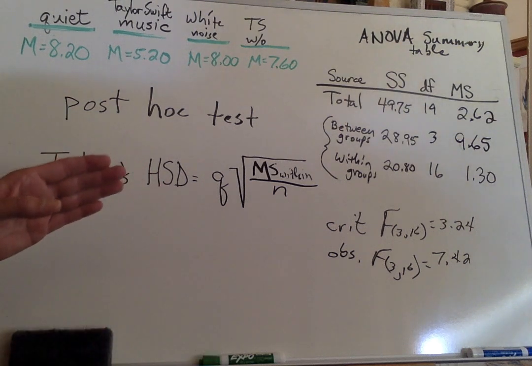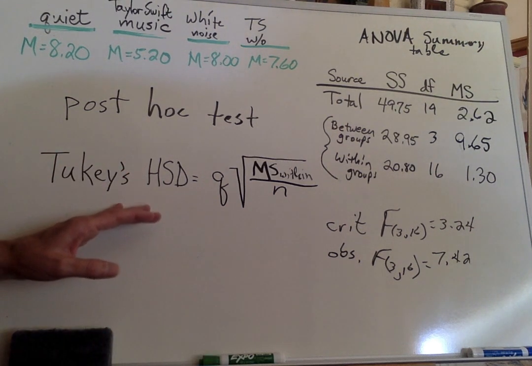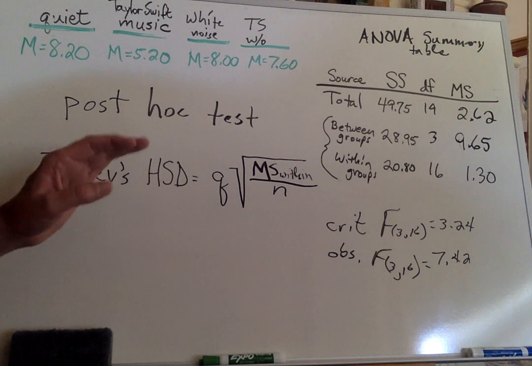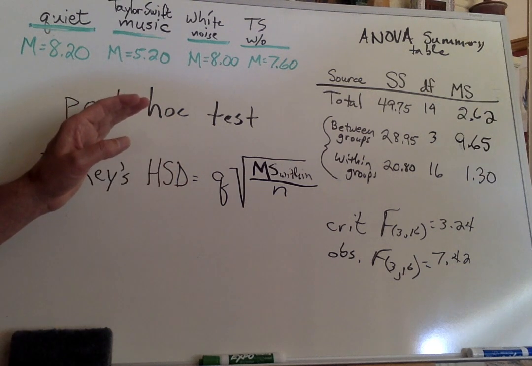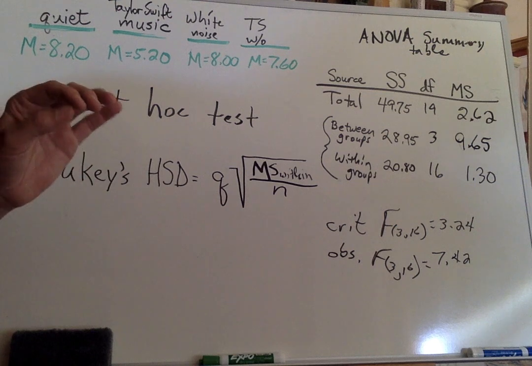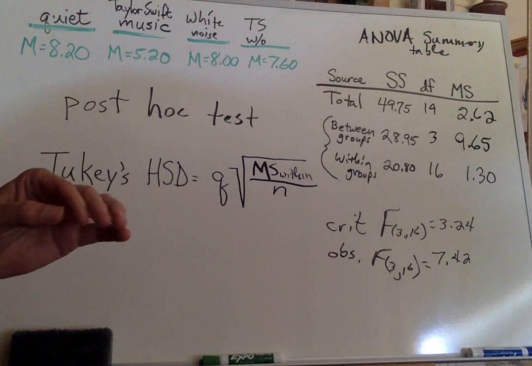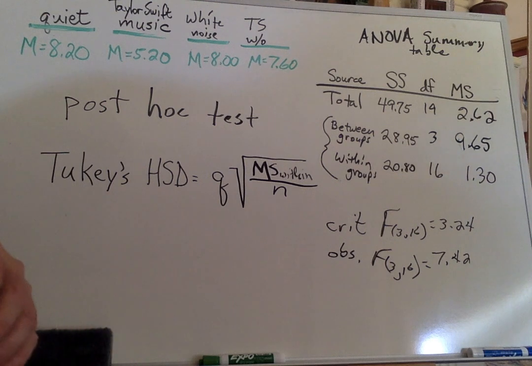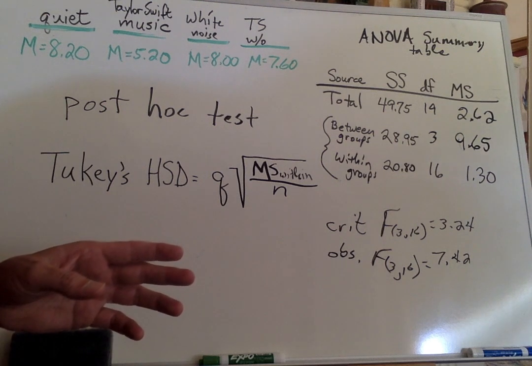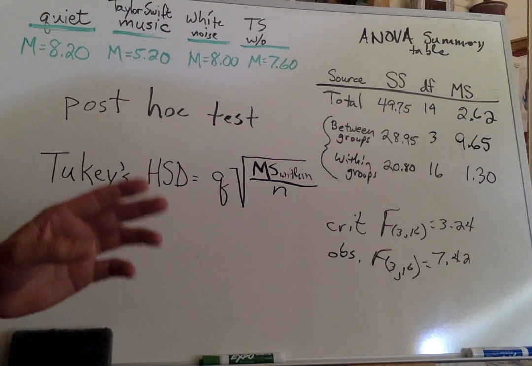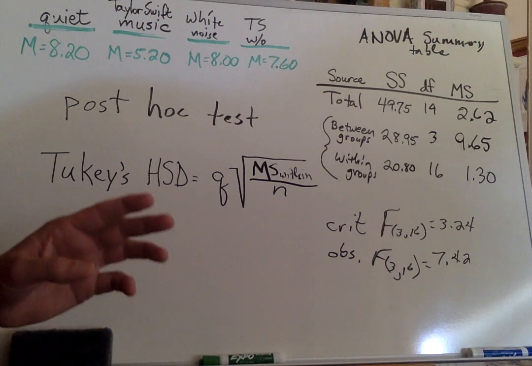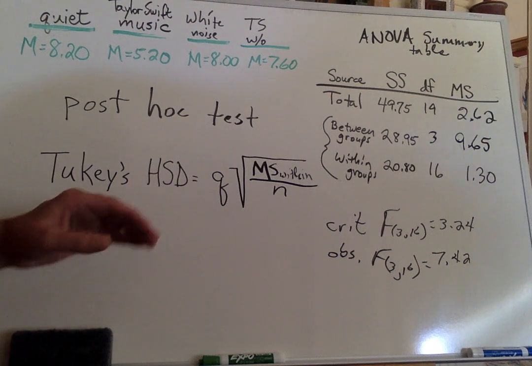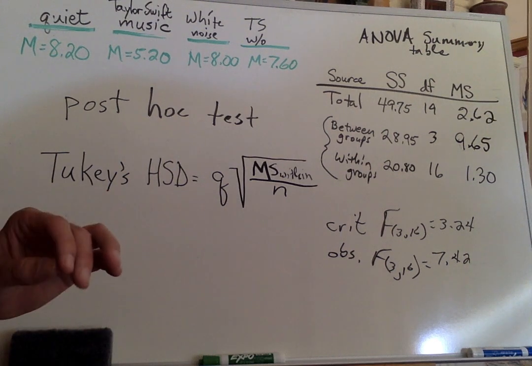If it was unequal, you could get the average perhaps, or there are other alternatives. By the way, Tukey's test is one of a variety of Posthoc tests. So there's Scheffe's test, there's Tukey's test, there's Fisher's test, there's Bonferroni, there's the modified Bonferroni. But we don't need to get into all that. There's different reasons to use different Posthoc tests. Tukey's is a very common test.